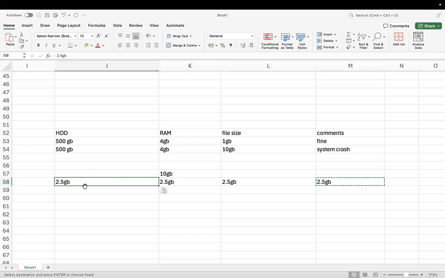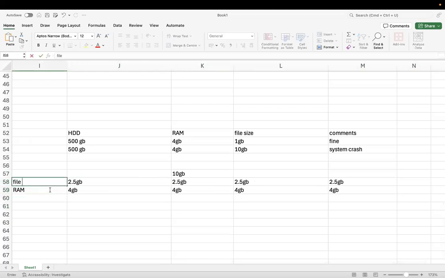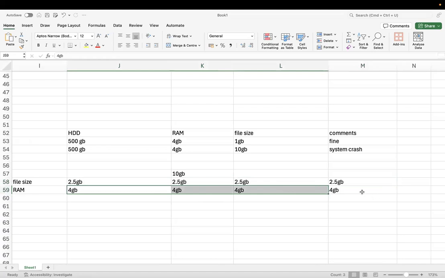So we will create machine 1, machine 2, machine 3, and machine 4 with the same 4 GB RAM. Now we are going to divide this 10 GB into 2.5 GB pieces and read it in a distributed manner. So our system does not crash at any point of time and we are still accessing this data.